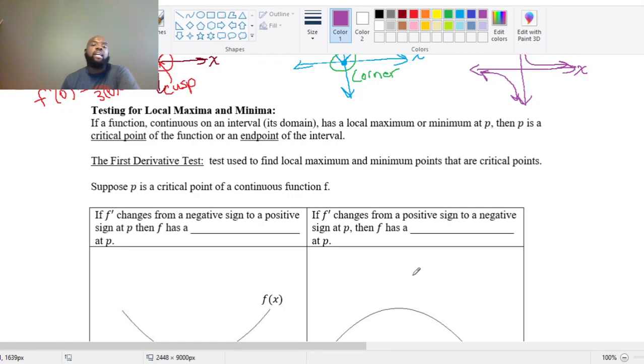And so this highlights where we need to go to find our local maxima and minima, right? It's going to occur at a critical point, and if we have a closed interval, it's going to occur at the endpoint of that interval, right?